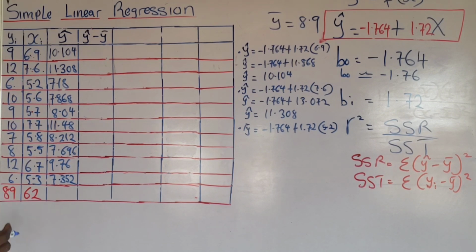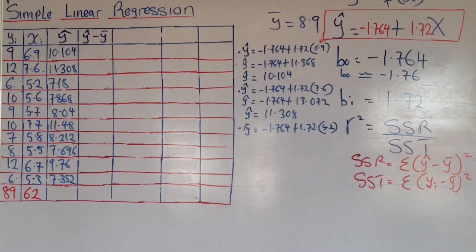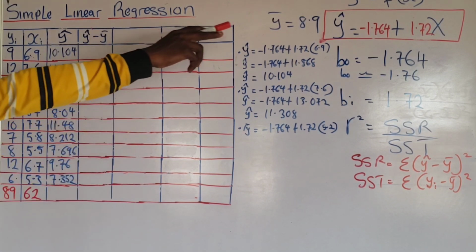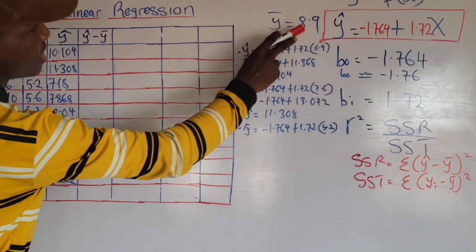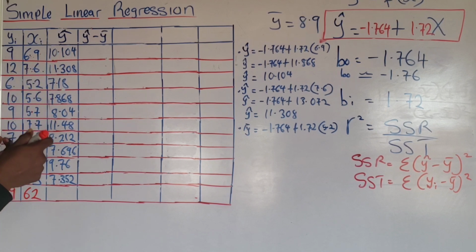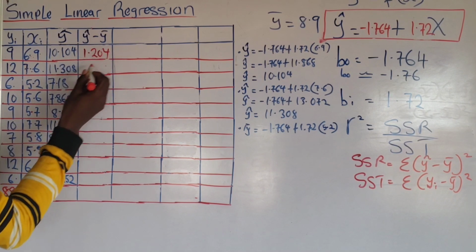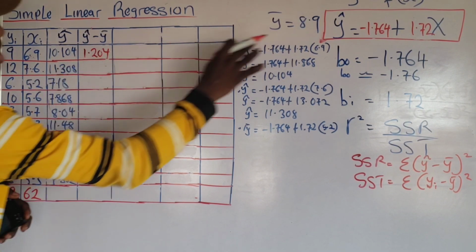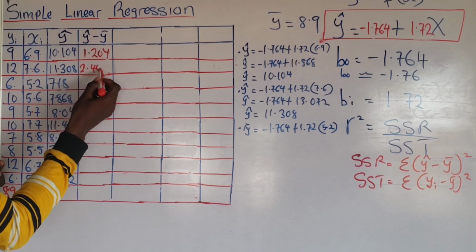Okay, now the next column is the difference between the predicted value of y and the mean value of y. Don't forget that the mean value of y is what? 8.9. You understand? So I'm going to be taking each of these values and subtracting 8.9 from them. So 10.104 minus 8.9, that is 1.204. 11.308 minus 8.9, that is 2.408.